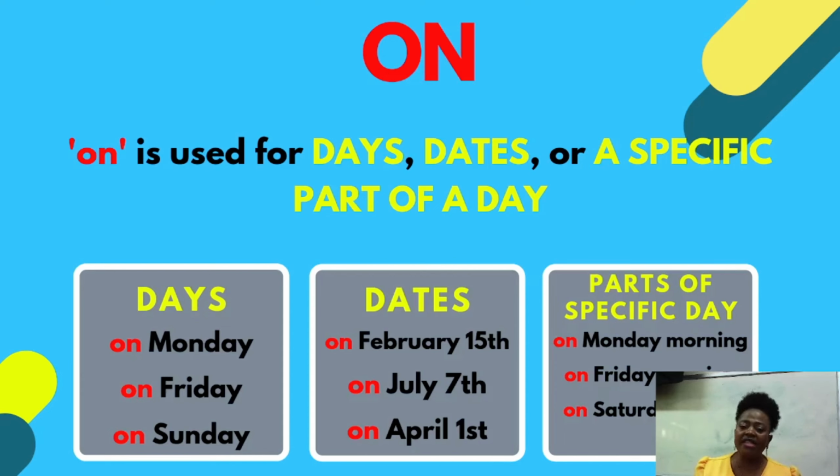For example, on Monday morning, on Monday afternoon, on Monday evening. On Friday morning, on Friday afternoon, on Friday evening. On Saturday night, on Saturday afternoon, on Saturday evening. These are the specific parts of the day. Morning, afternoon, evening, night. So we use on.